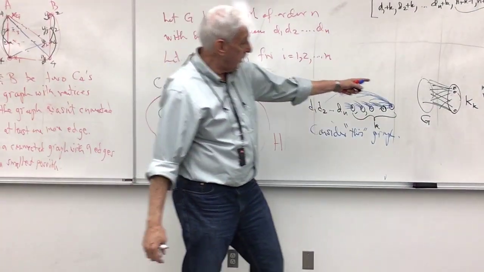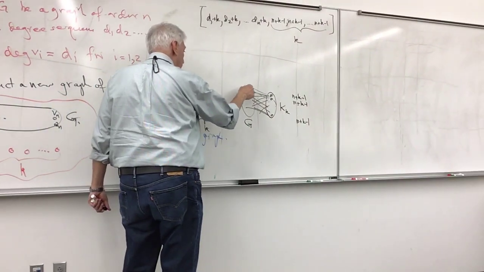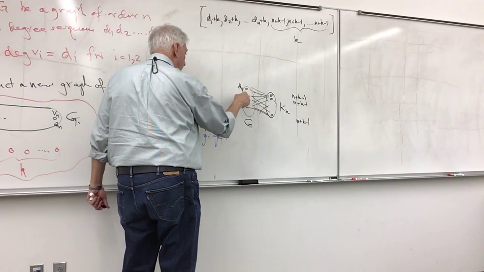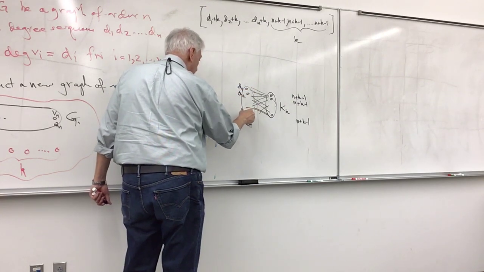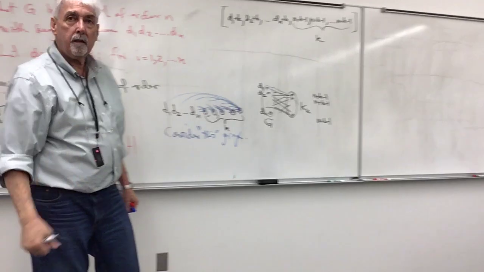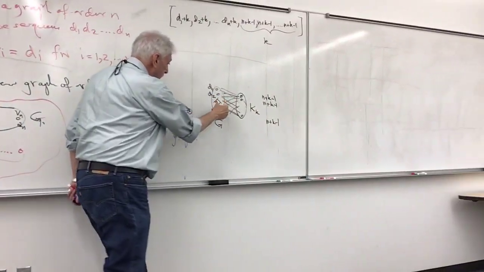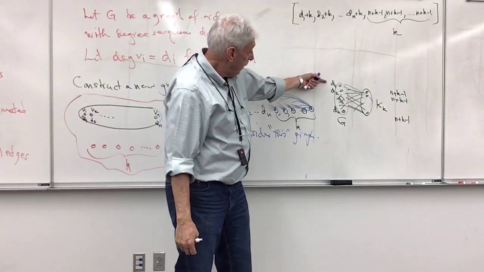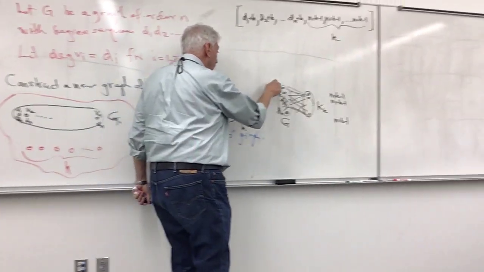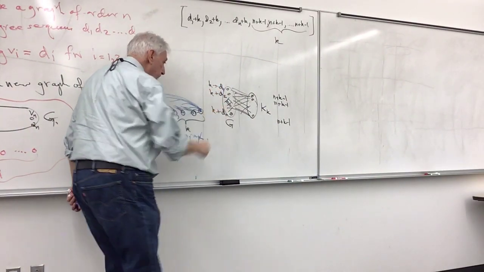What are the degrees of these vertices? Let's order these. This originally had degree d1, this originally had degree d2, this originally had degree dn. That graph, of course, is still there. Now what's its degree? d1 plus k, d2 plus k, dn plus k.